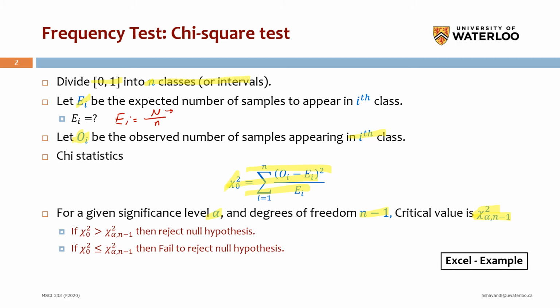Here is our conclusion: if the calculated chi-square statistic is greater than the critical value, we reject the null hypothesis. If it's less than or equal to the critical value, we fail to reject the null hypothesis. So this is the chi-square test.